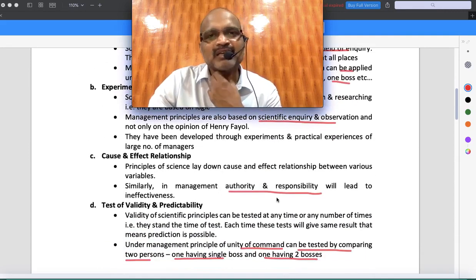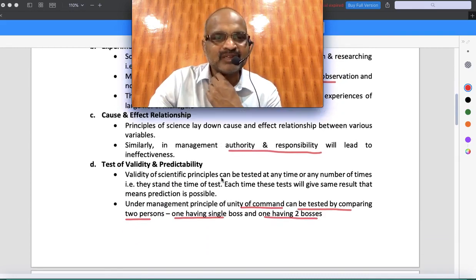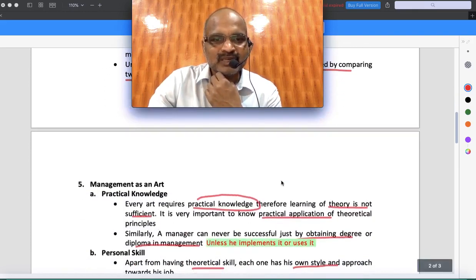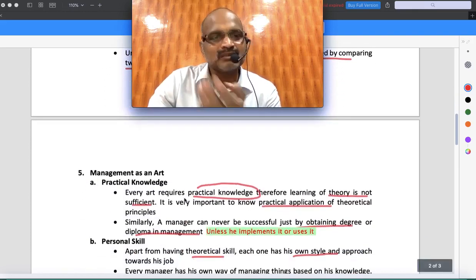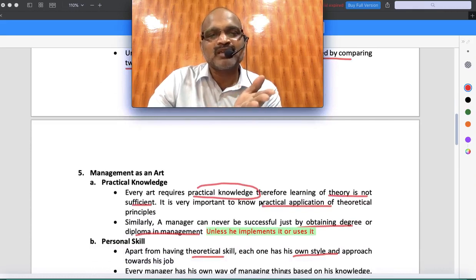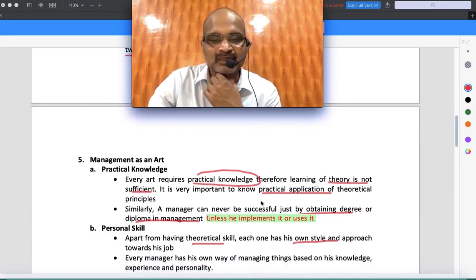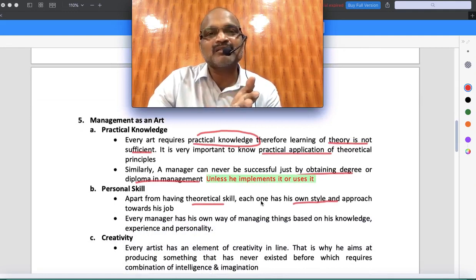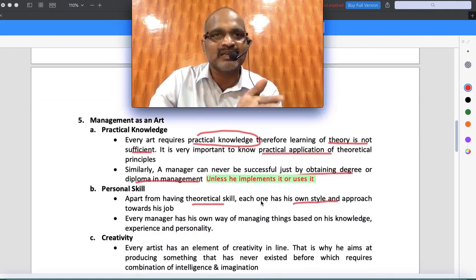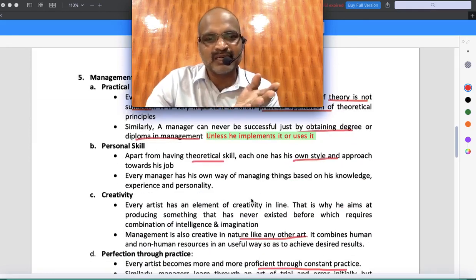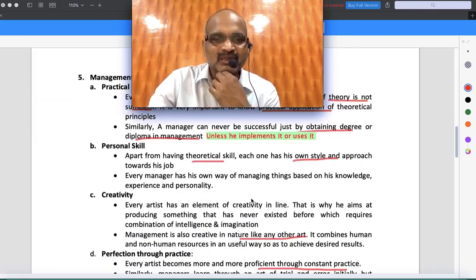Just like scientific principles have cause and effect relations, this is also applicable everywhere. And just like science can predict things, management can also predict certain things. Similarly, management as an art: just like an artist has practical knowledge, a manager should also have practical knowledge. Just like an artist should have some personal skill other than a degree, a manager also should have. Just like an artist is creative, a manager also has to be creative.